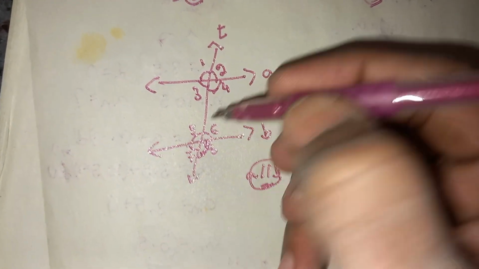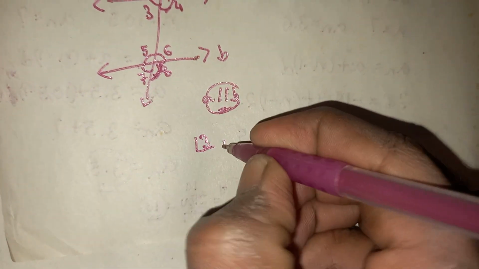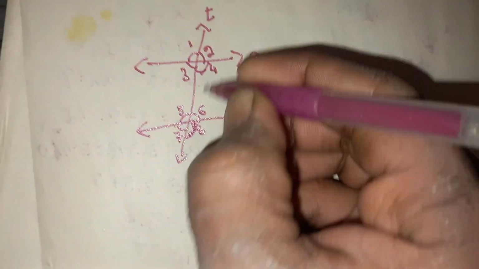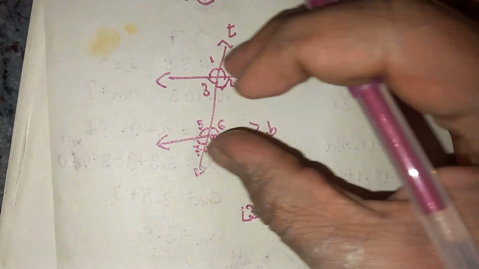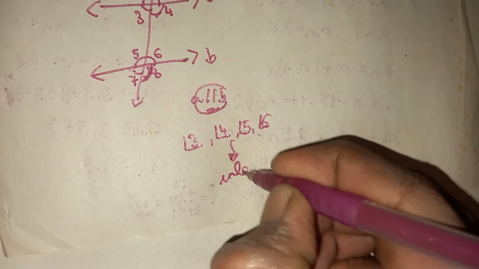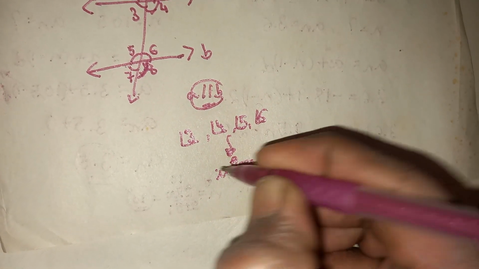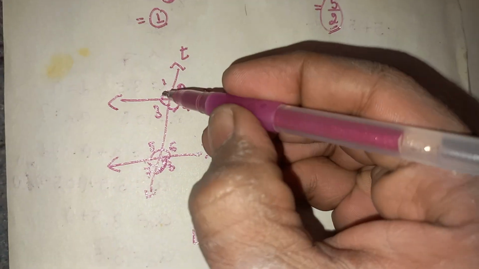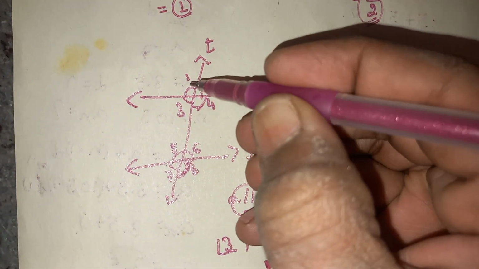Here the inner angles, this one 3, 4, 5, 6, these 4 angles are in between the parallel lines. They are known as interior angles. And the angles which are outside of the parallel lines are known as exterior angles.